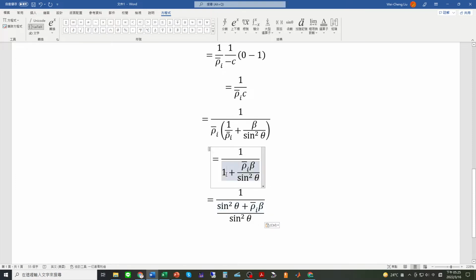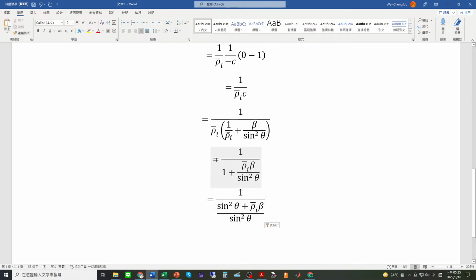Because this one can be rewritten as sine squared theta over sine squared theta, this equation is equal to 1 over sine squared theta plus rho bar I beta over sine squared theta.